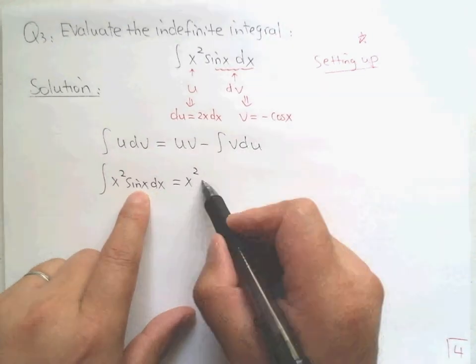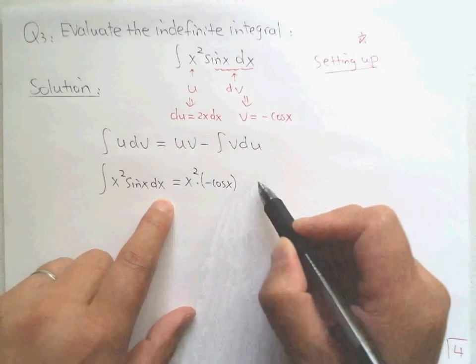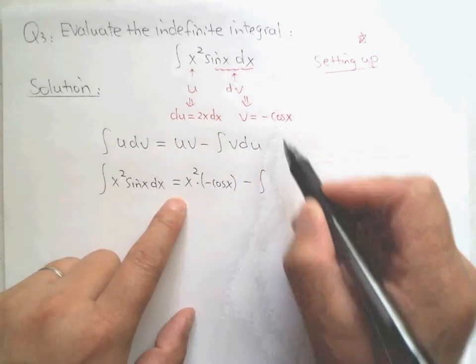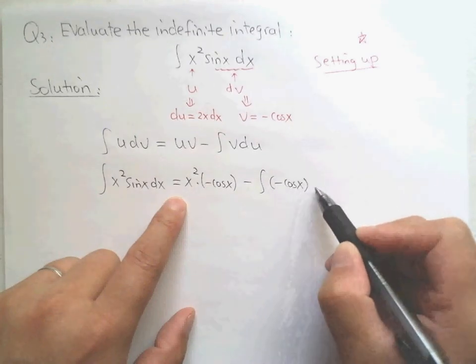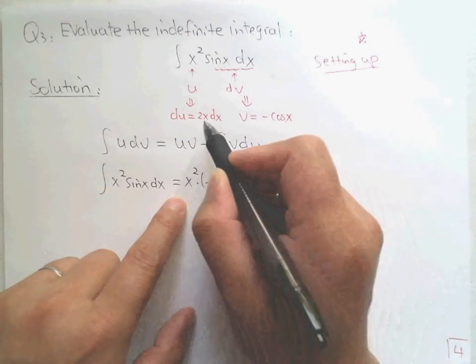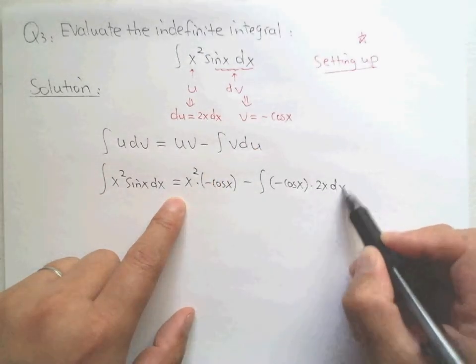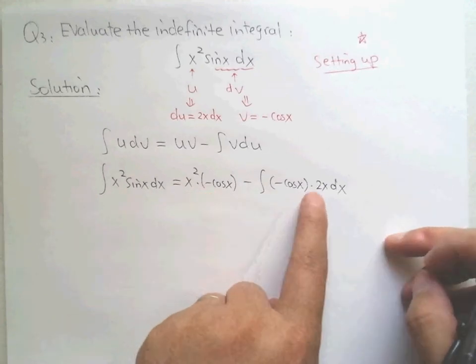So u is x squared, times v, negative cosine x, and then minus the integral. v is negative cosine x. What is du? du is 2x dx, so I put the 2x dx here.